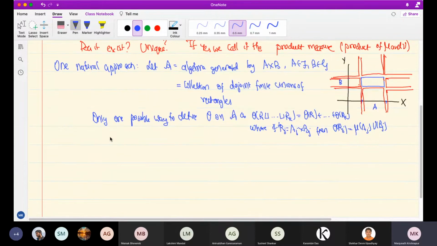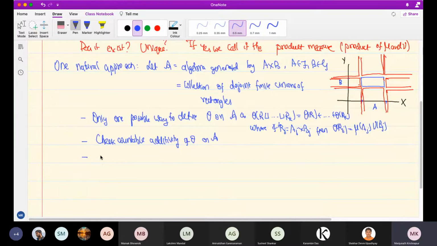And then the key thing is to check countable additivity of theta on the algebra.